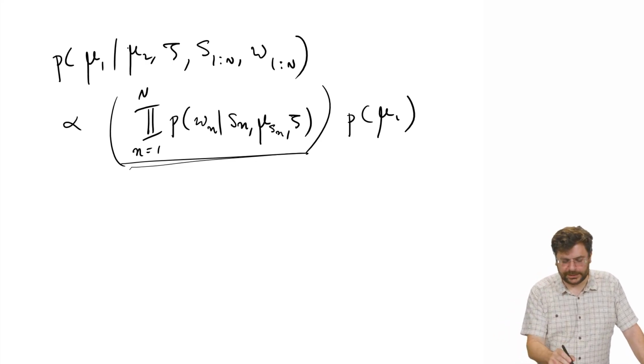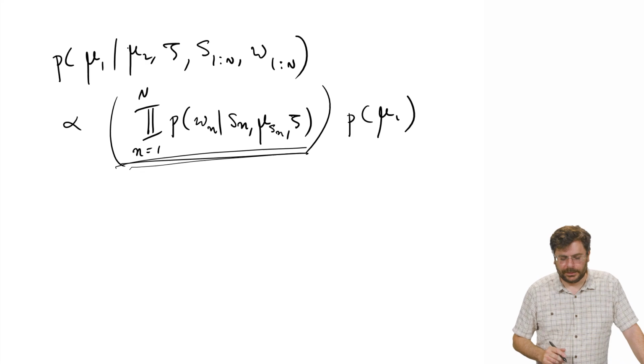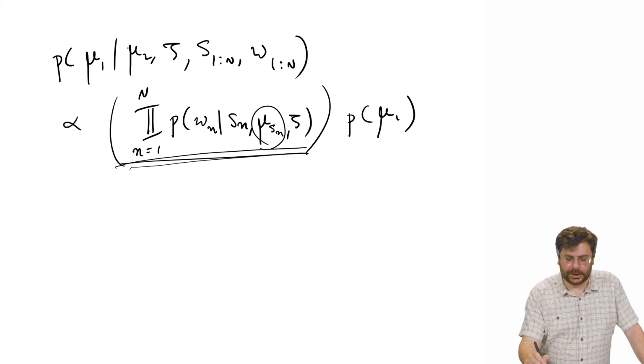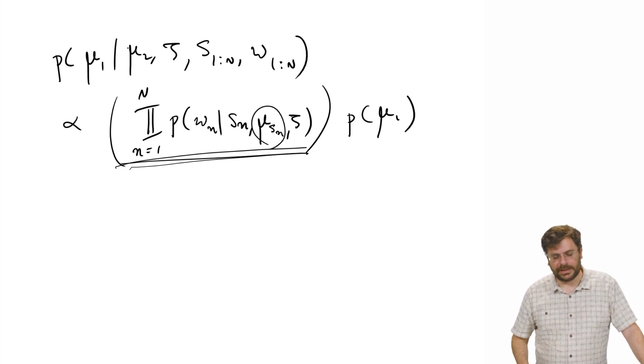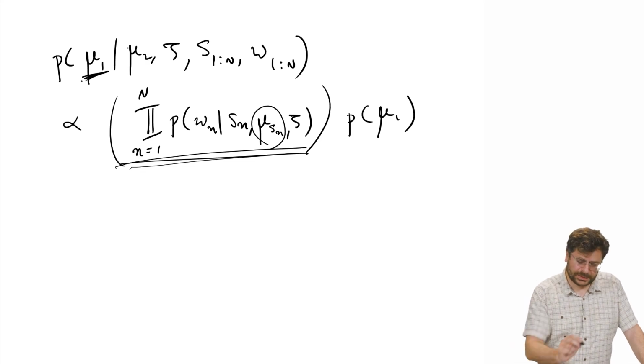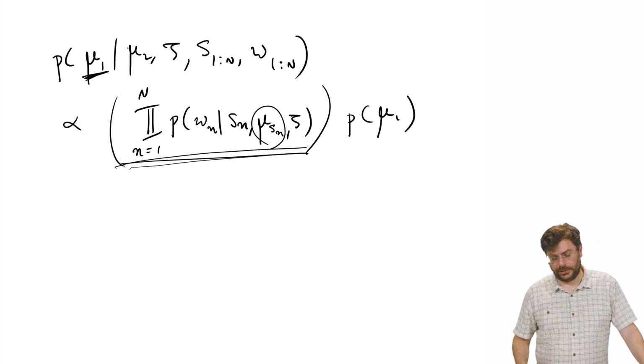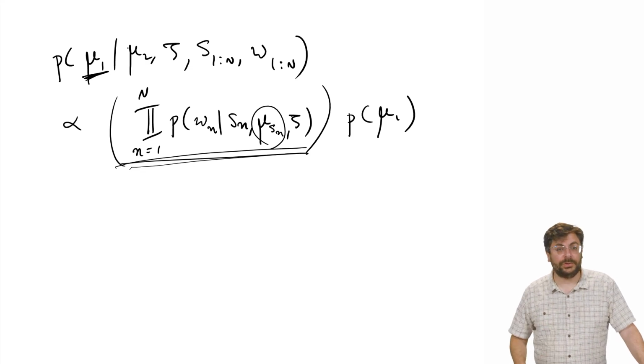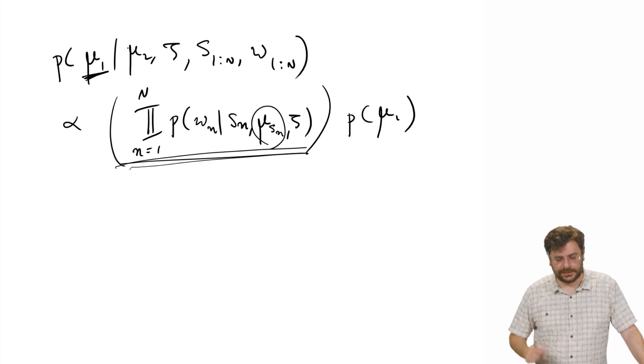If we notice here, we have some terms that depend only on mu1 and other terms that depend only on mu2. But if my goal is to construct a conditional posterior on mu1, then I don't care about the mu2 dependencies. In fact, they're just constants.